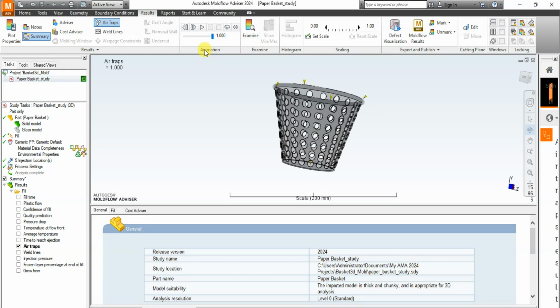This happens between two or more converging flow fronts, or between the flow front and the cavity wall. What you should take note of is that, in a very common case, the result is a small hole or a blemish on the surface of the part.